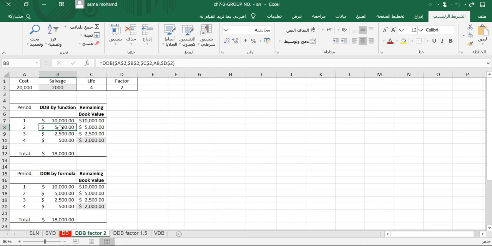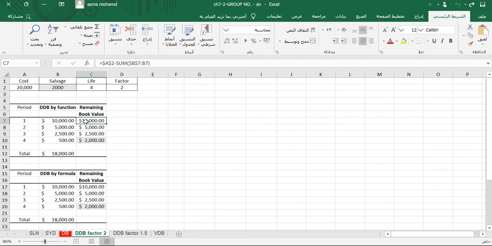You can notice here that when we drag it down, now the A7 becomes an A8, which refers to the number of period, and then A9 and here A10.